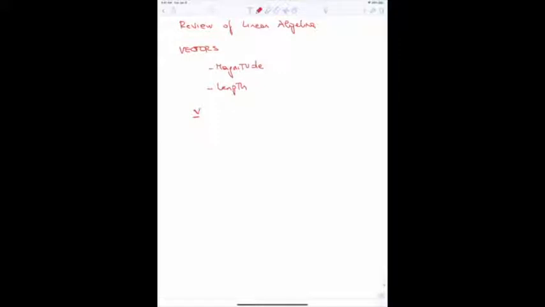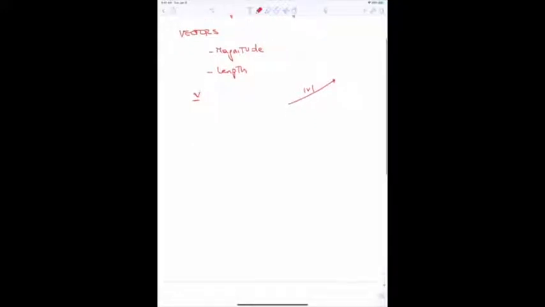And so this is essentially an arrow. This one here has a length, which is generally the magnitude of the vector, and it has a direction. There is a bijective function between points in the Euclidean space and vectors.